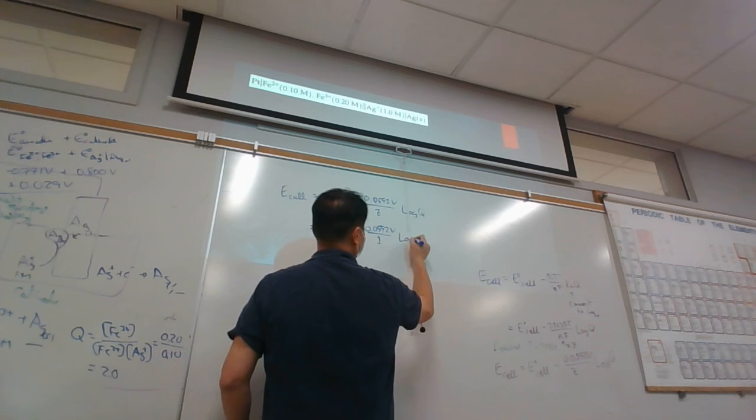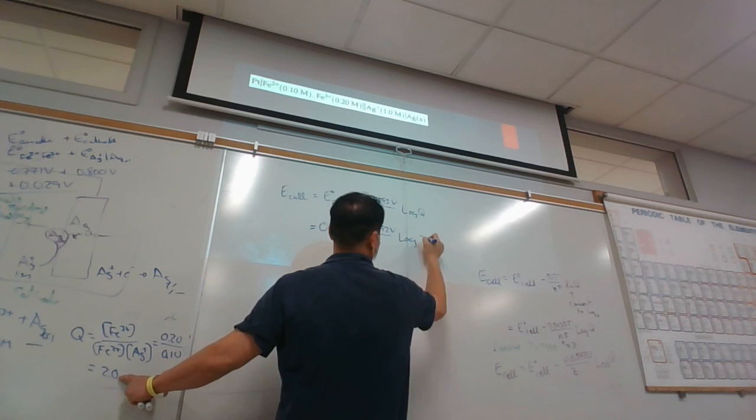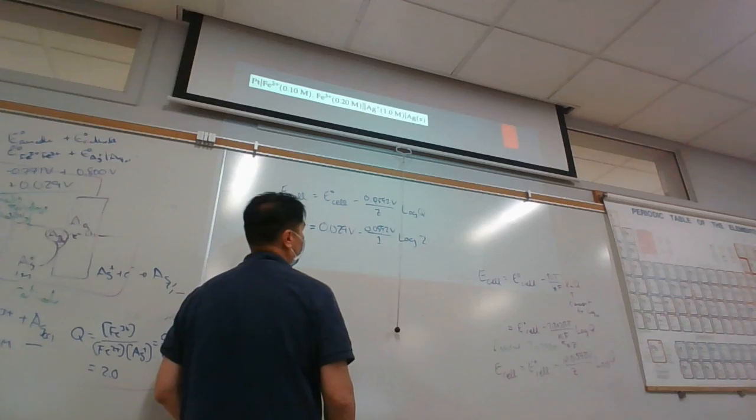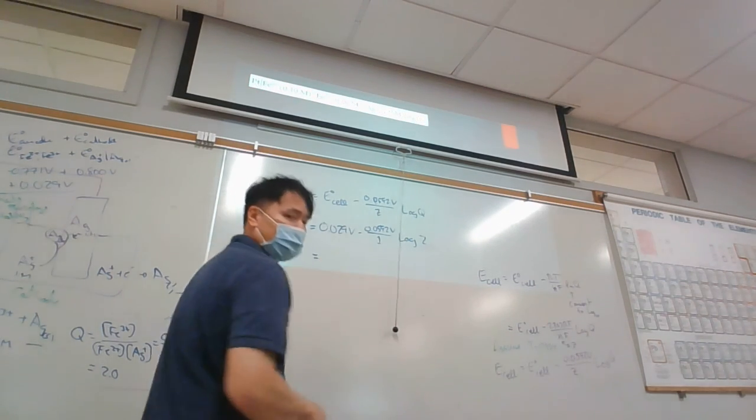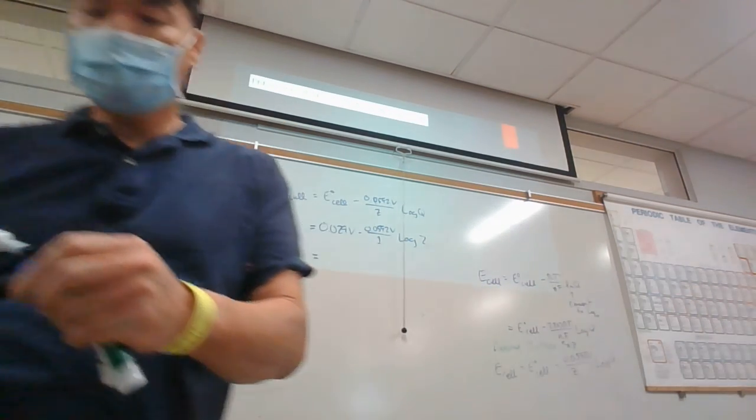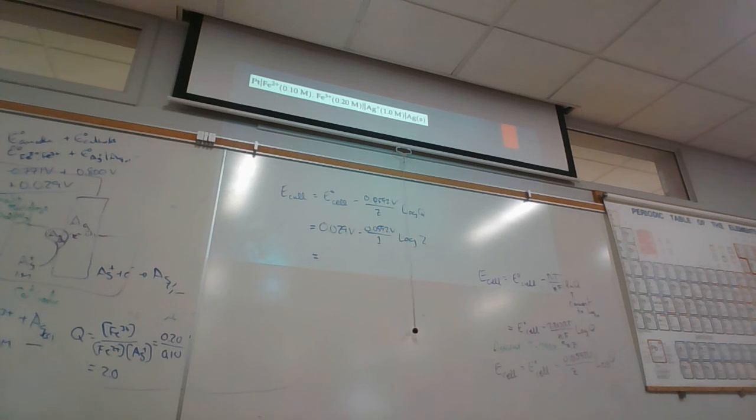And then the log, we calculated what Q is. It's log of 2. I expect the voltage to go down. The reason I expect the voltage to go down is because the product concentration is higher than the reacting concentration for iron 2.